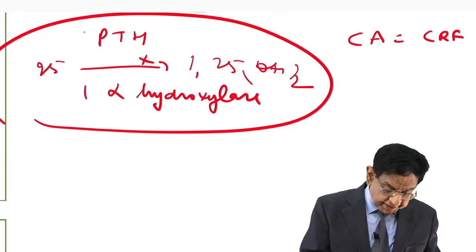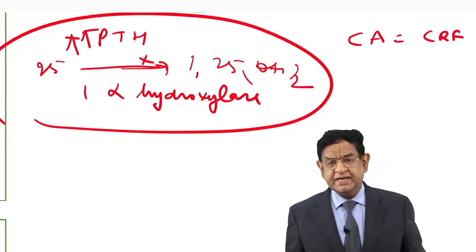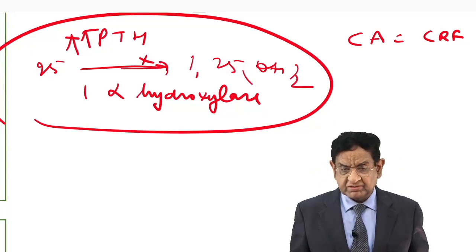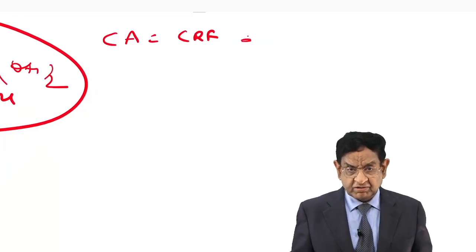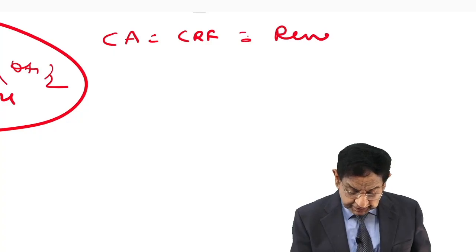The body will try to secrete more and more PTH so that it will try its level best to convert 25 to 1,25 hydroxylation. And that's the basic pathology in chronic renal failure, which is also known as renal osteodystrophy.